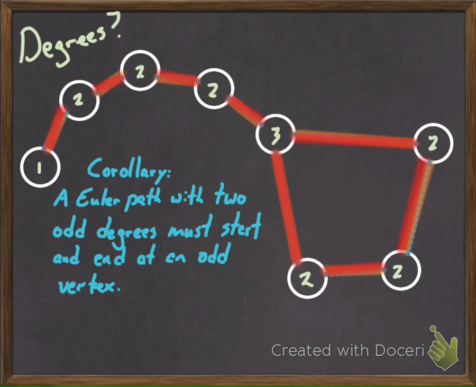So this is kind of a neat thing, and like when we're playing some of those video games that we've played, that is kind of what happens. You'll notice when you're doing those video games where you can't overlap the lines, it's really just an Euler path that you have to start or end at an odd vertex.